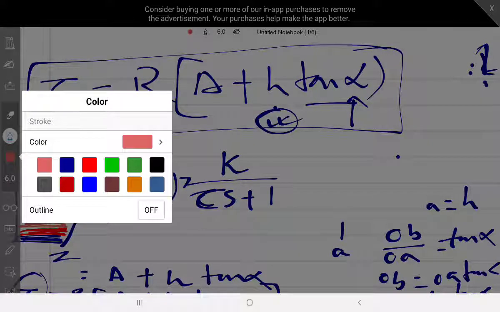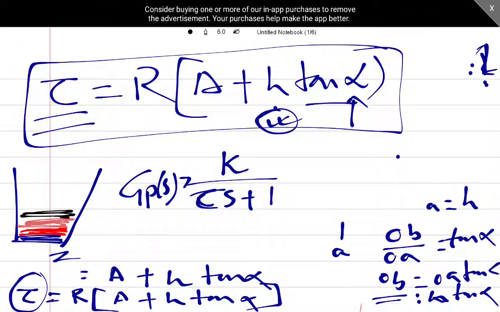As height increases, you will get different taus, meaning is that as height varies, means this height varies, this tau is also varied. So, if in a transfer function this tau is varying, then it will be considered as time varying time constant, is not it?